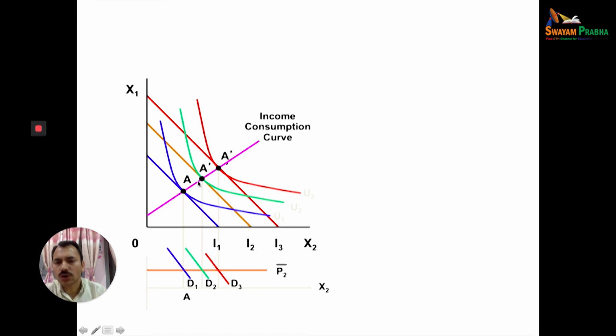When we join all the equilibrium points, the first equilibrium point is A. When the consumer's income increases, the budget line shifts this side. The consumer is now in equilibrium here.